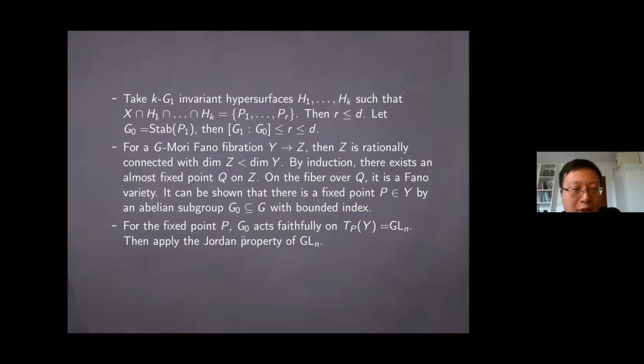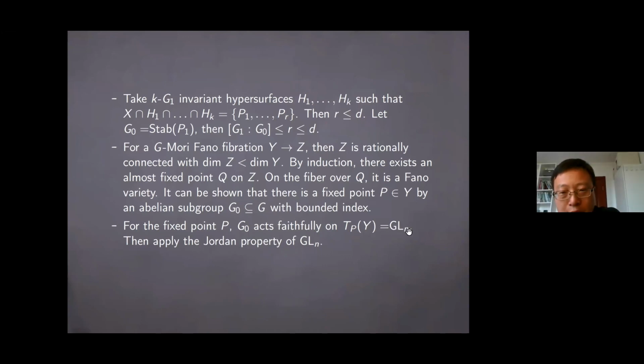Then for this fixed point, we can embed this G0 into the tangent space of this point, the tangent space TPY. Since the tangent space is a vector space of dimension n, G0 is actually embedded into GLn.